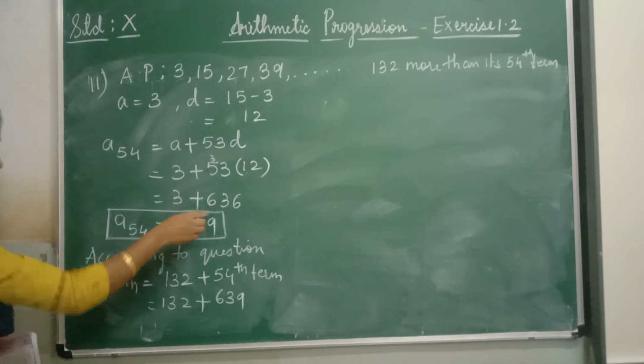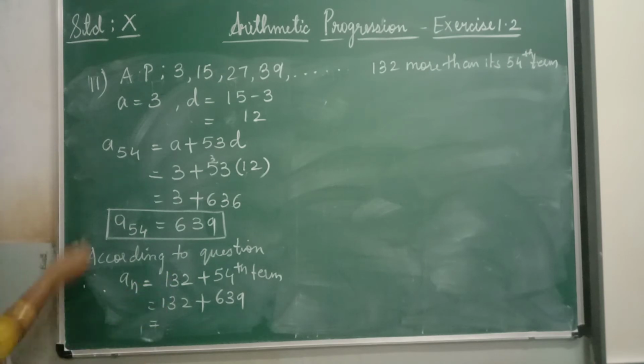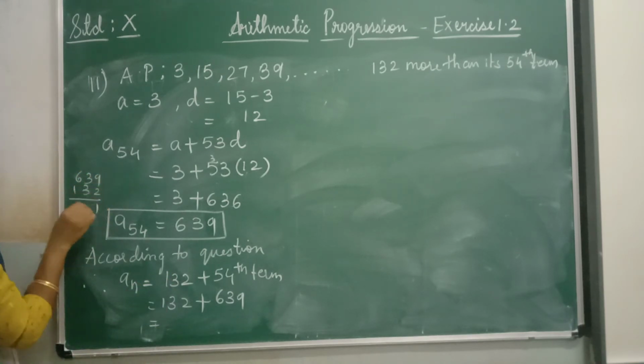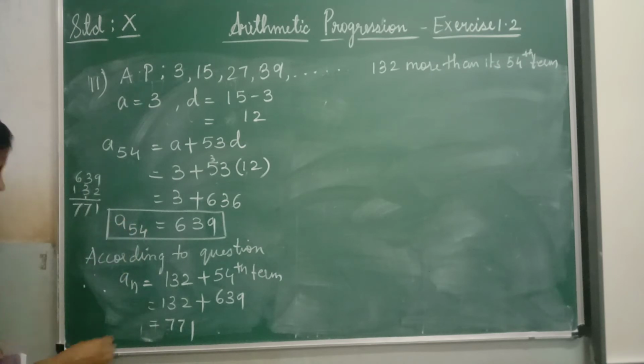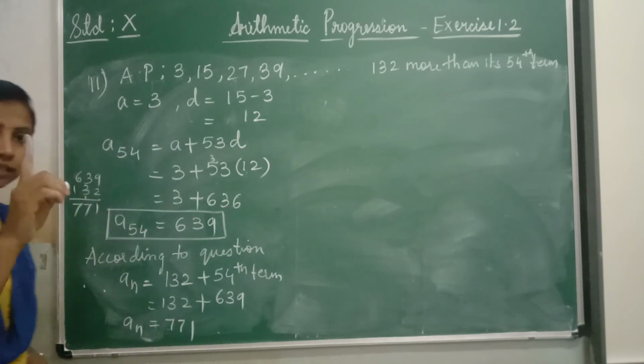So what is 132 plus 639? Add it. It is 771. So which term is 771? You have to find that, that is n.